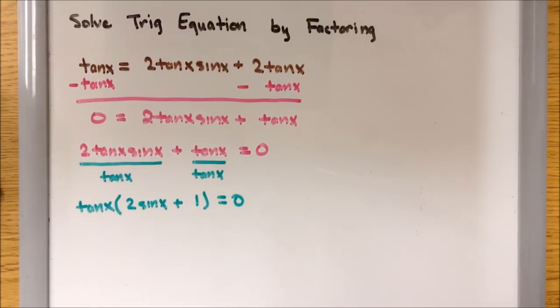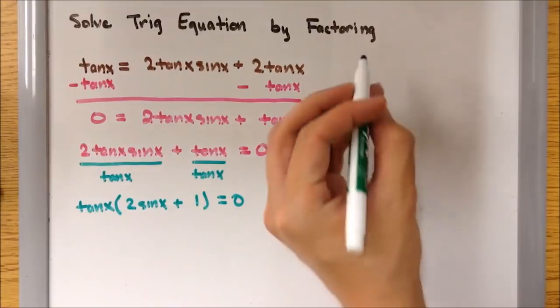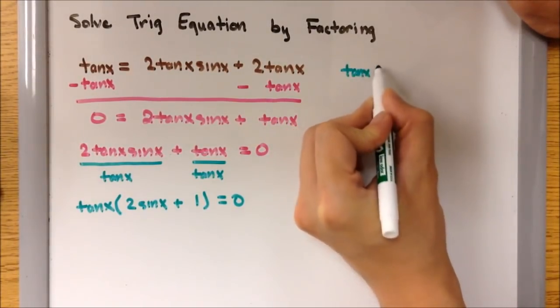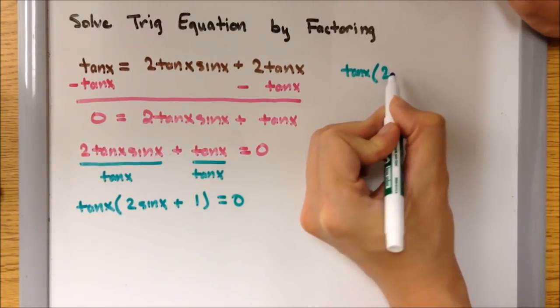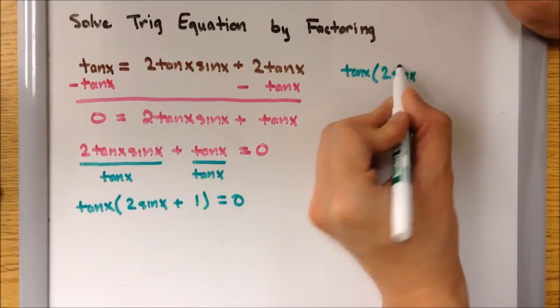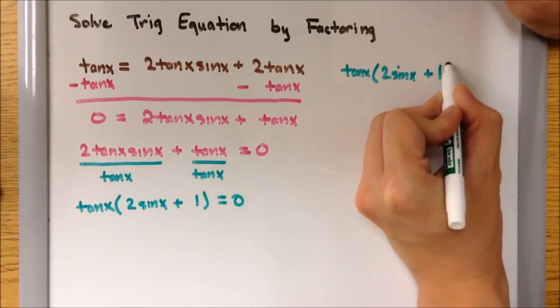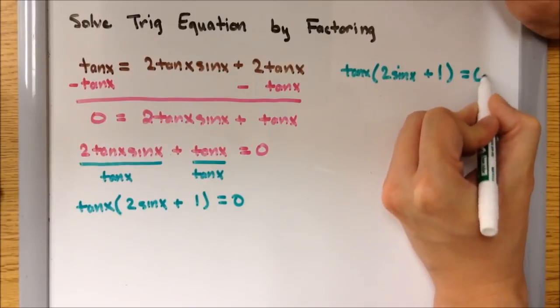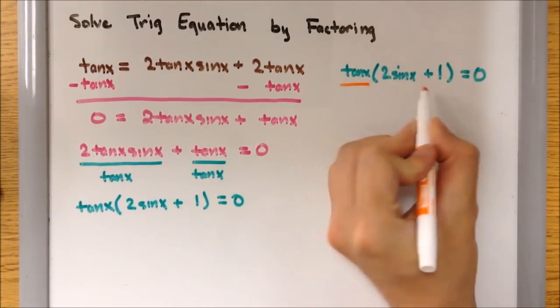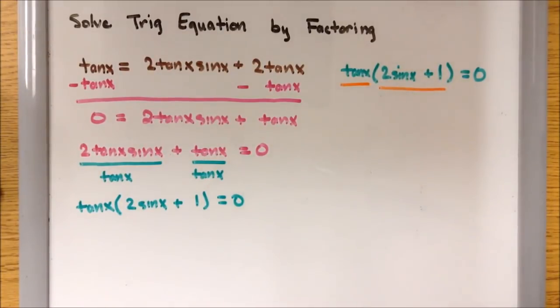Alright, so I'm going to write this here to have more room. Alright, looking at it, there's 2 factors, tangent of x, and 2 sine of x plus 1.